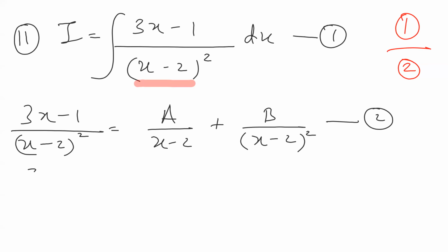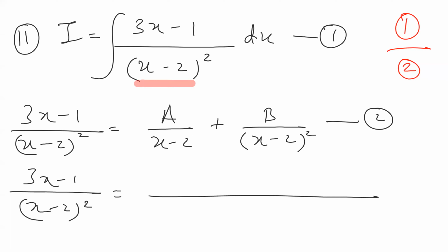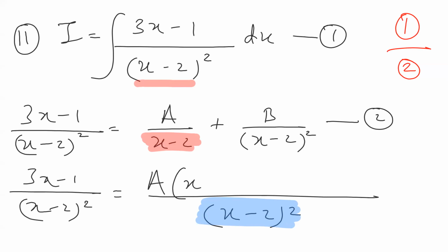So 3x minus 1 upon x minus 2 the whole square is equal to, take LCM. LCM is x minus 2 the whole square, into the blue colored term upon the red colored term. So you'll get x minus 2 over here, plus b into the red colored term upon the blue colored term.